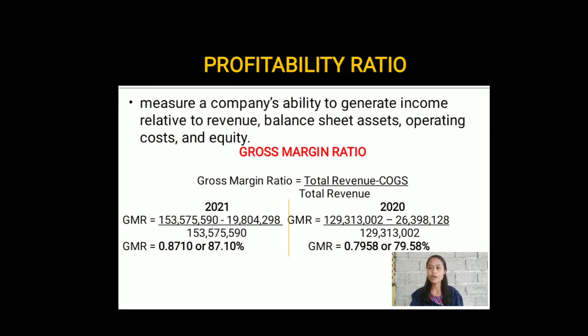For the year 2020, the total revenue is 129,313,002 minus its cost of goods sold of 26,398,128 divided by its total revenue of 129,313,002, and this will be equal to 0.7958 or 79.58%.